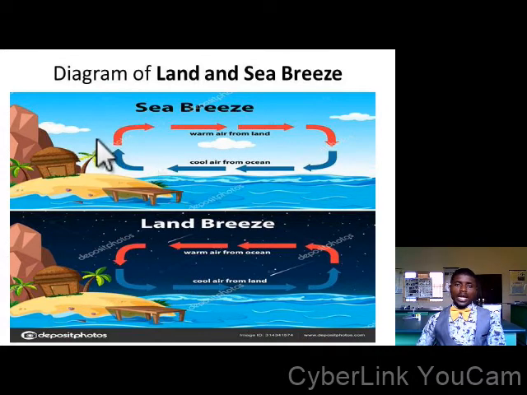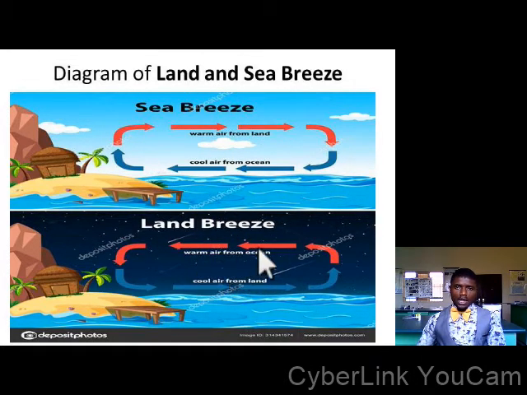The hot air that went to the sea in the daytime reverses. This is a clockwise movement of warm air and cool air from the sea. Then in the night it is reversed, anti-clockwise. Just take note: clockwise during the day, anti-clockwise during the night.